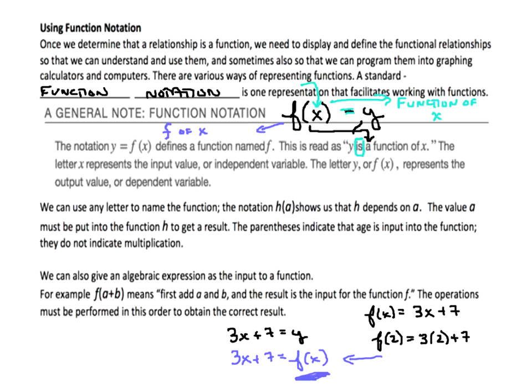And that would tell me to plug 2 in wherever I see x to figure out that f of 2 is 6 plus 7, which is 13. So the function of 2 is 13. I could just as easily write this in point notation and say when I graph that line, 3x plus 7, the point 2, 13 is going to land on that graph.